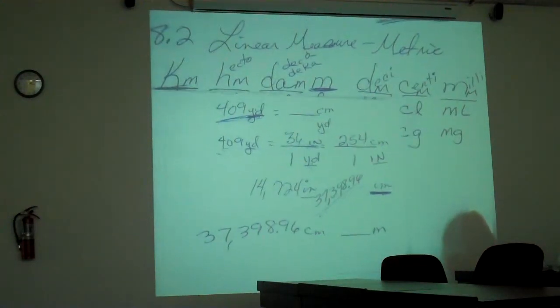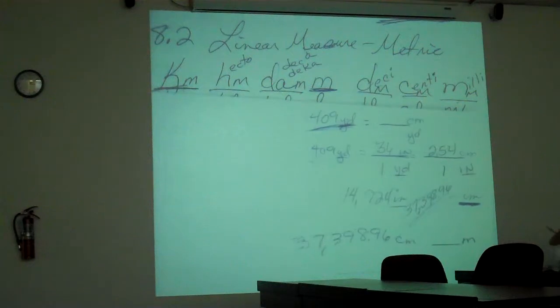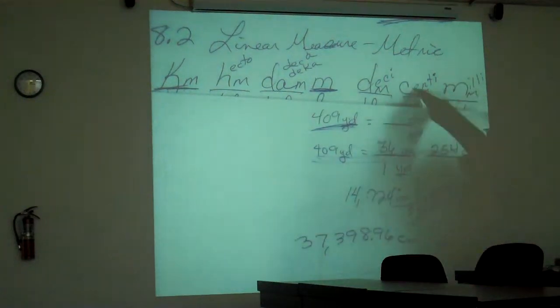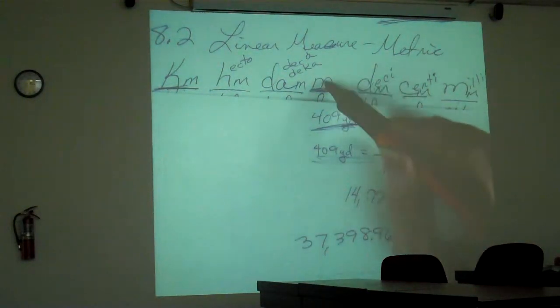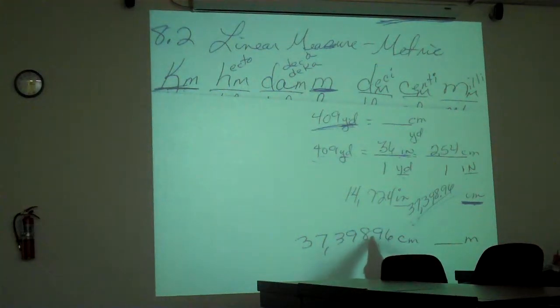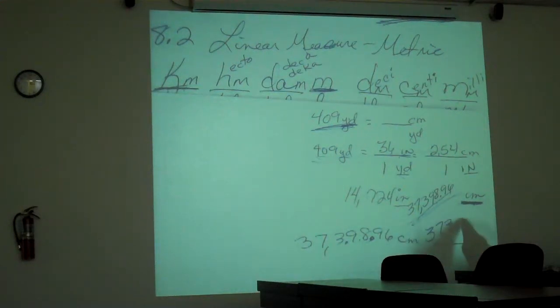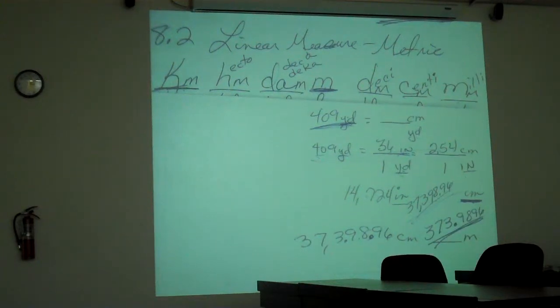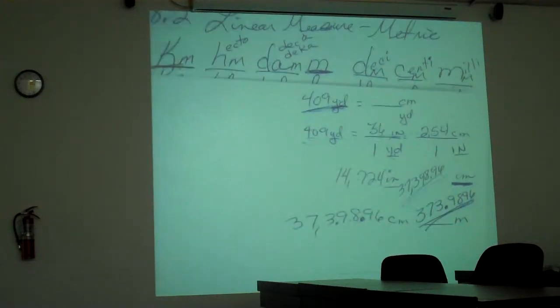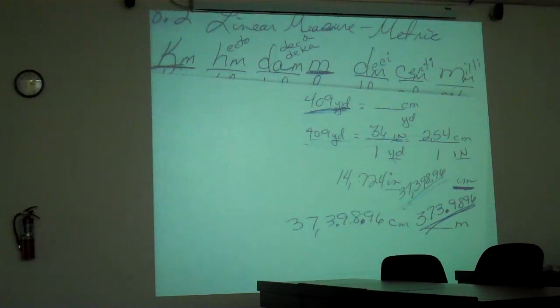Remember our thing here? Centimeters, 2 times back. So from here, you're going to go 2 times back. It'll be right there. 373.9896. I like that one better. That's how many meters. It's way better, isn't it?